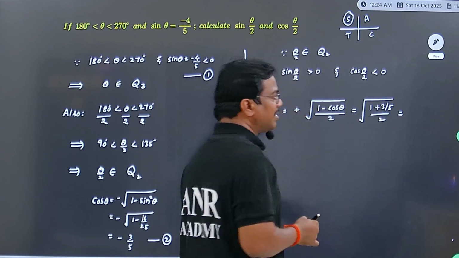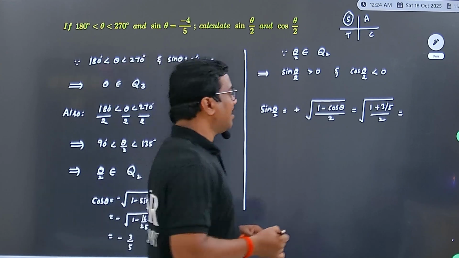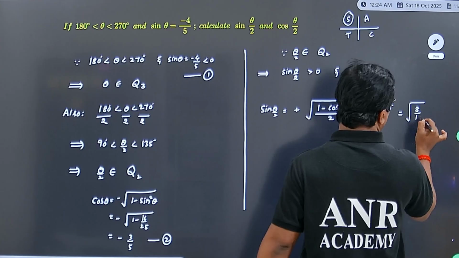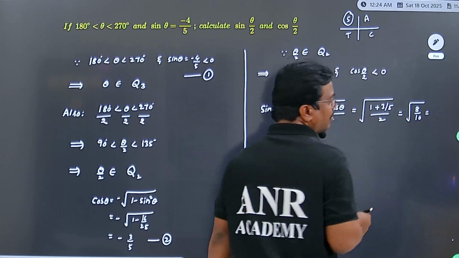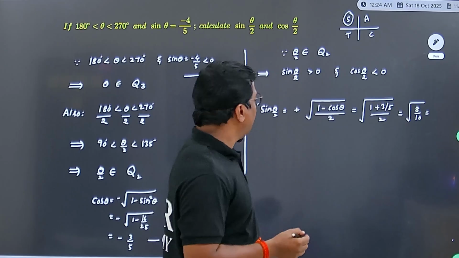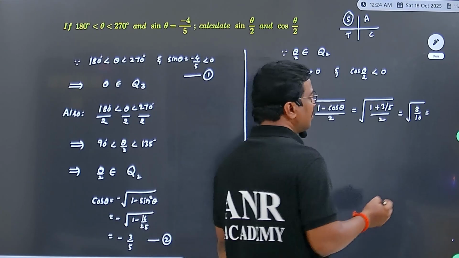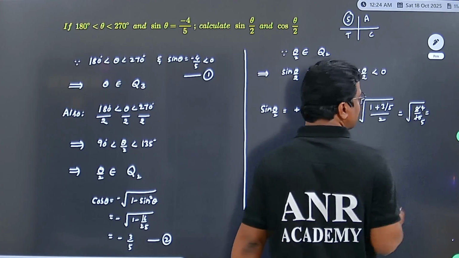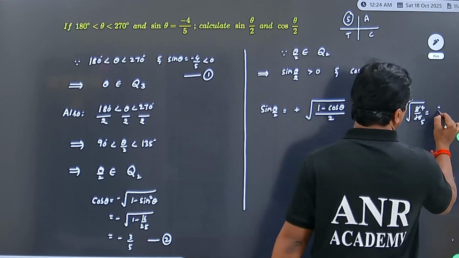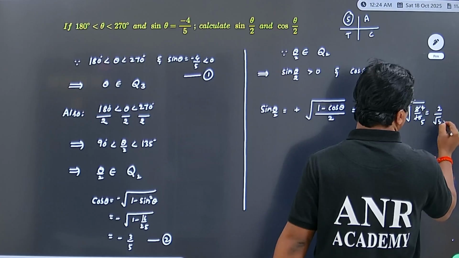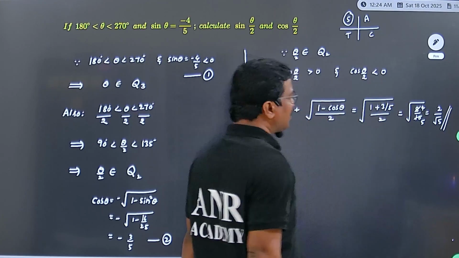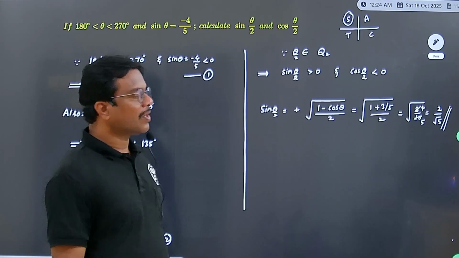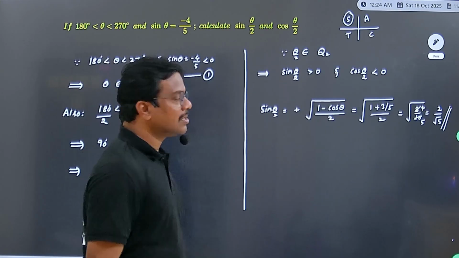On simplification it is root over 8 by 10. If you simplify this, 2 4s 8, 2 5s 10, root 4 value 2 and denominator part value root 5. This is the value of sin theta by 2. Next, we need to write cos theta by 2 value.